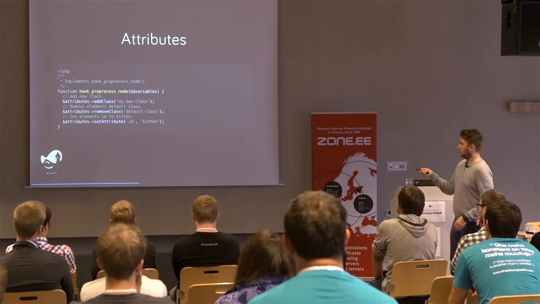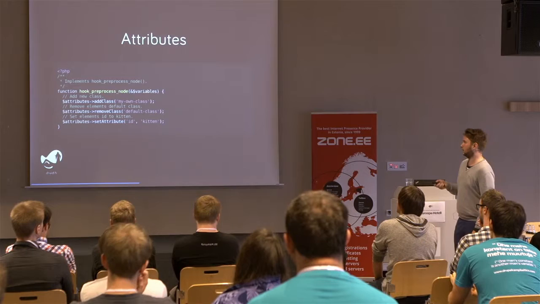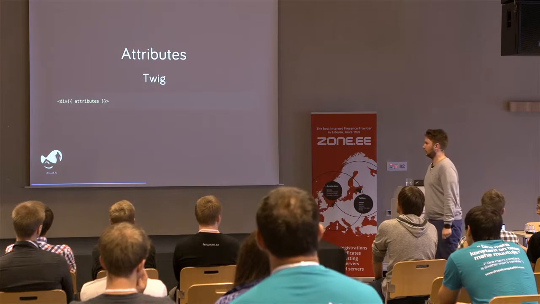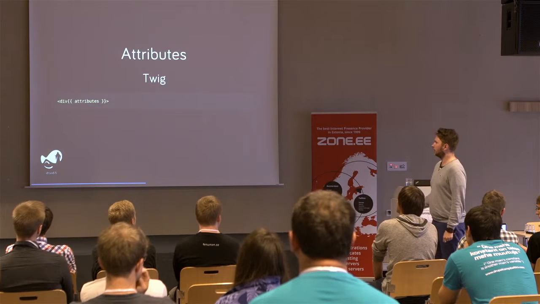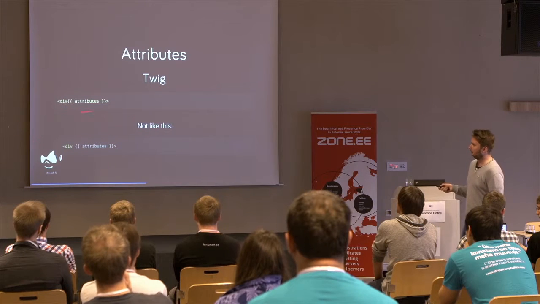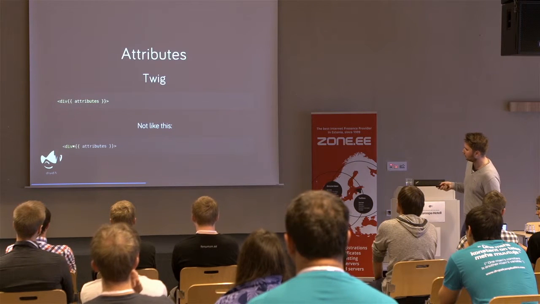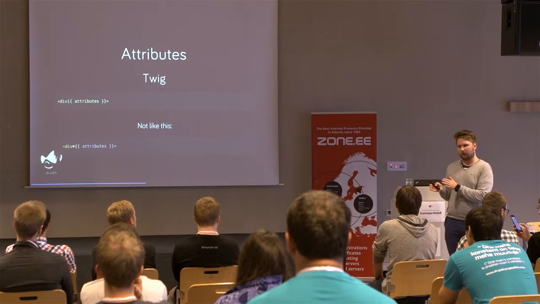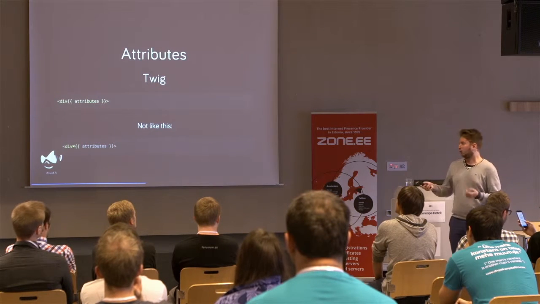You actually can remove attributes also and remove classes, but that's something that doesn't have to be done that often, I think. But yeah, just a friendly reminder that I've seen this thing quite a few times, that people add an additional space before printing the attributes in a Twig. I don't know.